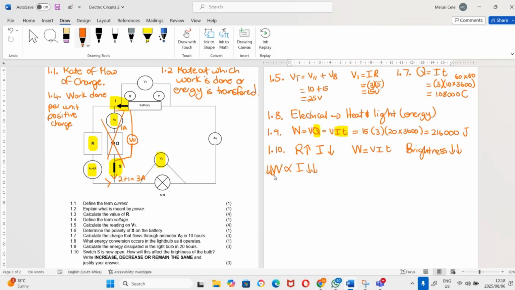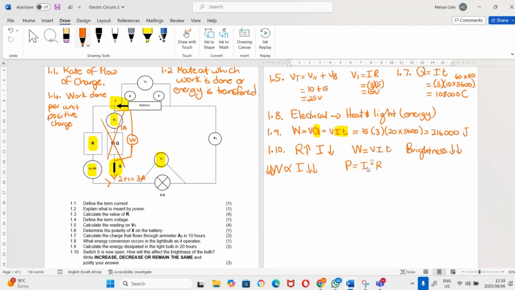There is another formula that is obviously used to explain the energy that is dissipated in the bulb, and that is P equals I squared R. This formula, we will use it in grade 11, but I think it's also very important because power, remember, is the rate at which energy is transferred.